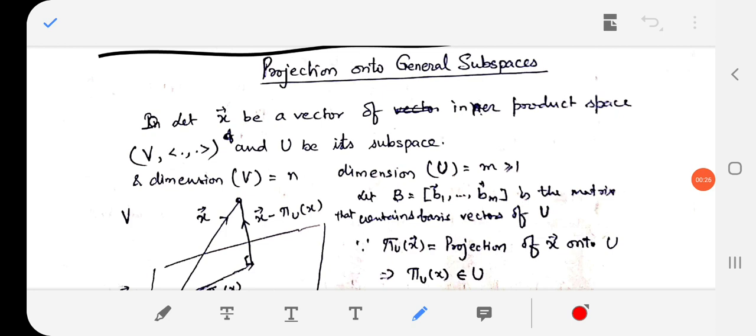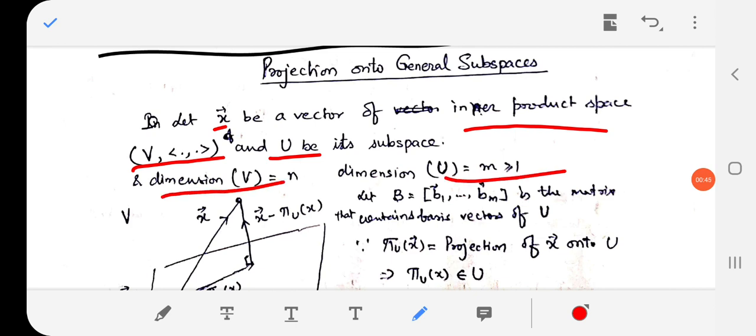So let we have an x vector and the inner product space is V. So V is the vector space and the inner product is the dot product again. And let U be the subspace of m dimension and V is the vector space of n dimension.